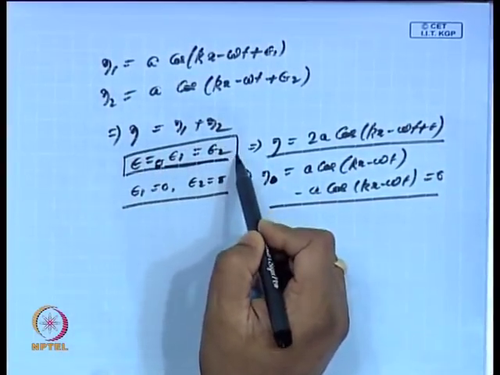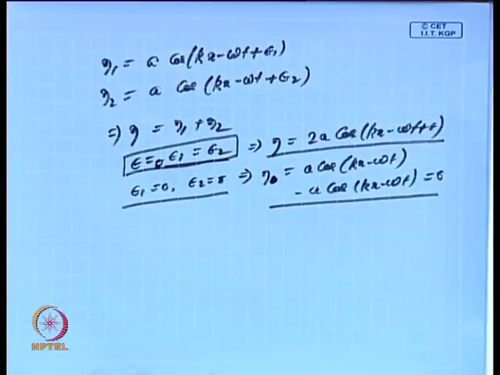If the two waves are of the same phase, then that will give me the resultant wave propagating in the same direction, and the amplitude of the resultant wave will be twice that of the individual waves.